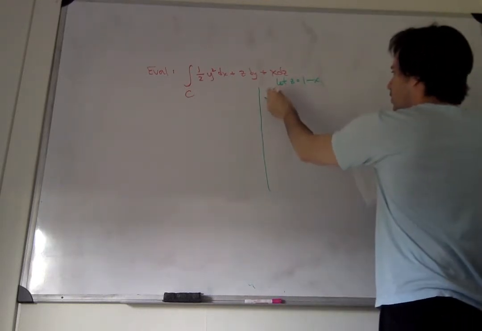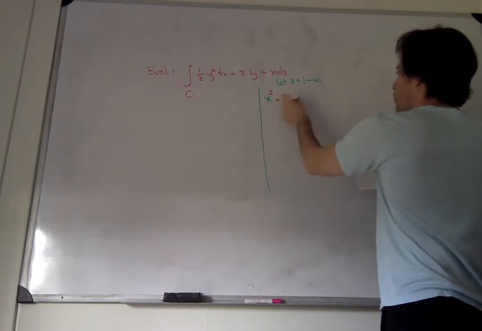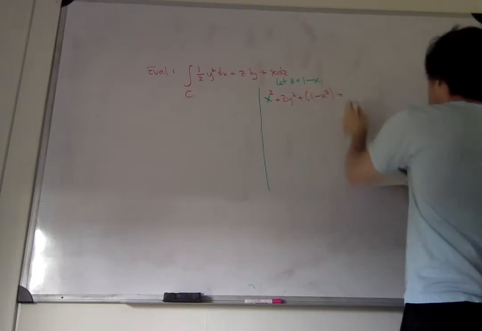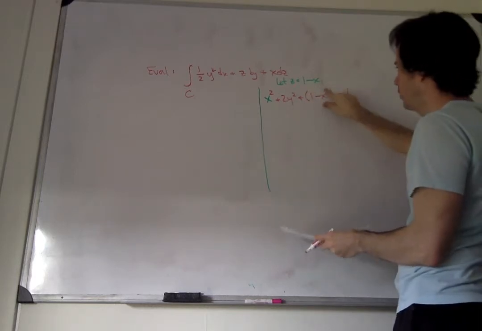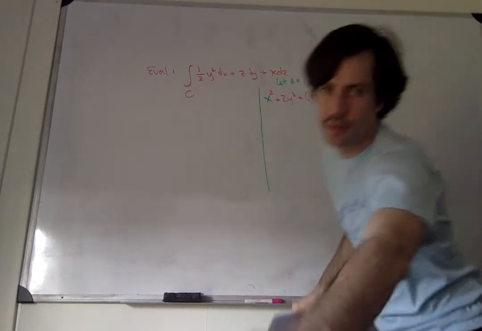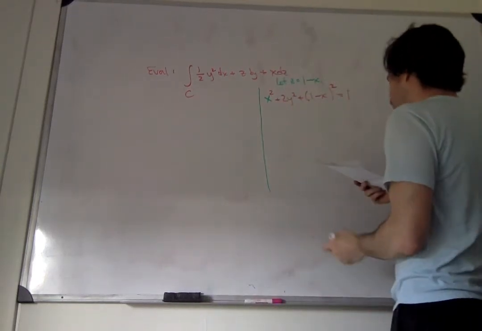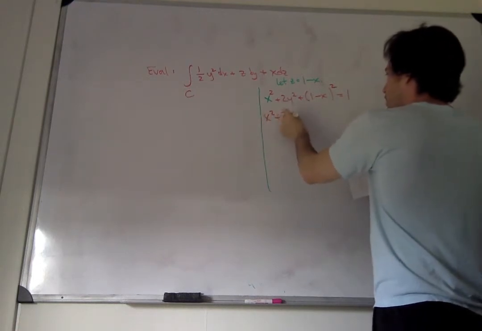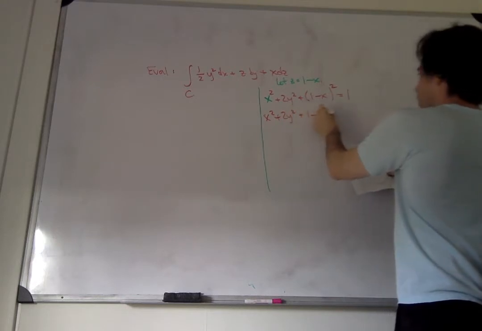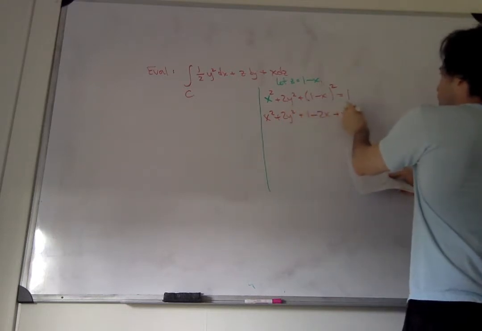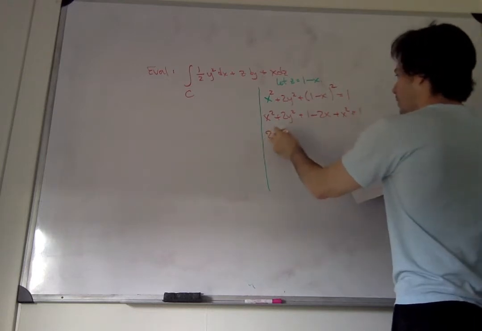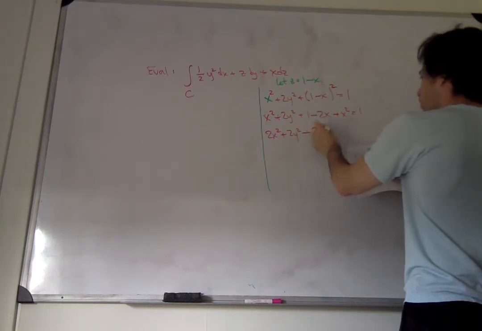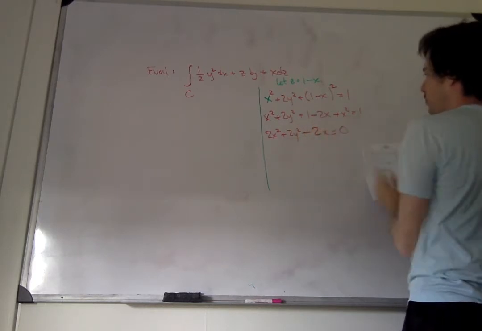So the ellipsoid is x squared plus 2y squared plus (1 minus x) squared equals 1, right? Because that's z. And so when I solve this, I get x squared plus 2y squared plus 1 minus 2x plus x squared equals 1, and then that's equal to 2x squared plus 2y squared minus 2x equals 0.